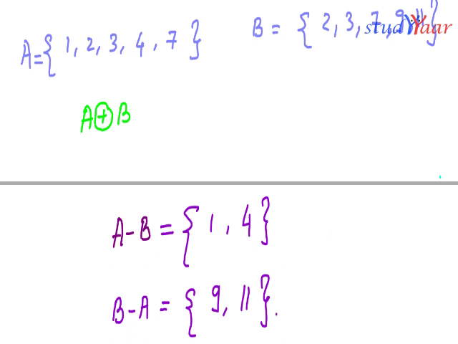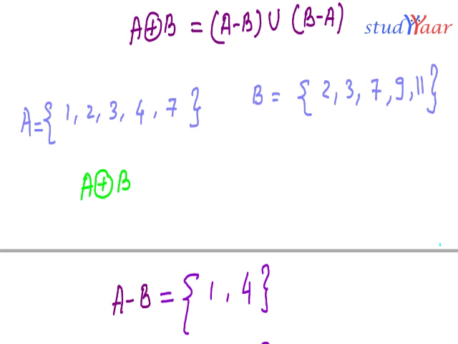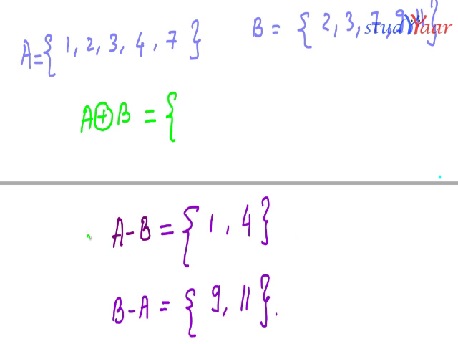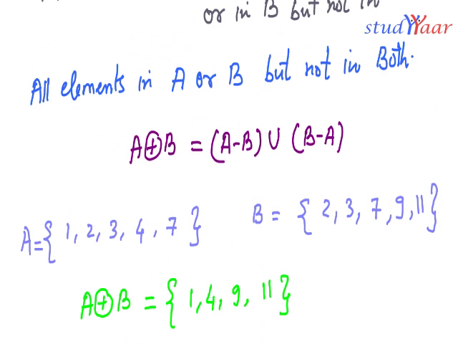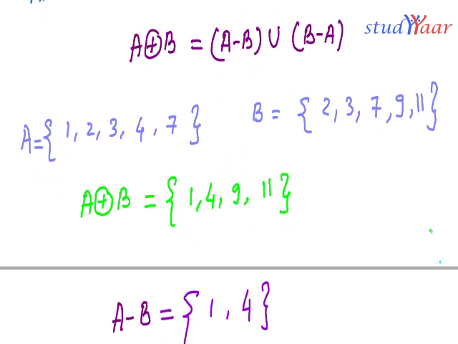Now using this I can say that the symmetric difference of A and B is basically the union of these two. So it has 1, it has 4, it has 9, it has 11. Now as per my other definition, which says it contains all elements in A or B but not in both, we are going to just verify if it is true.